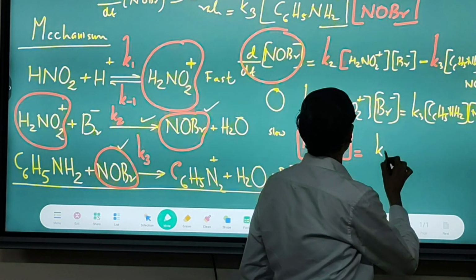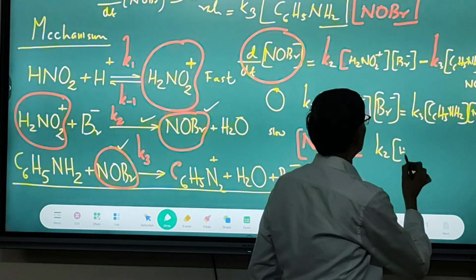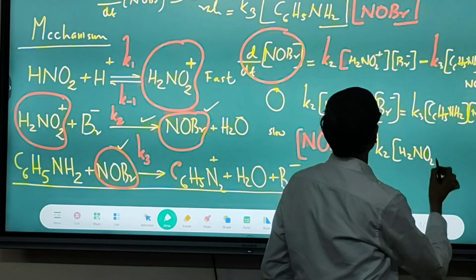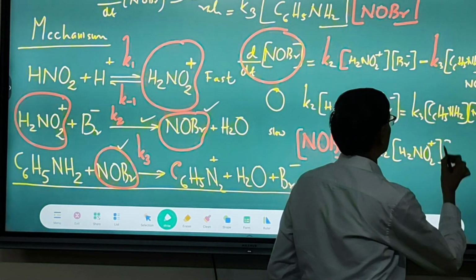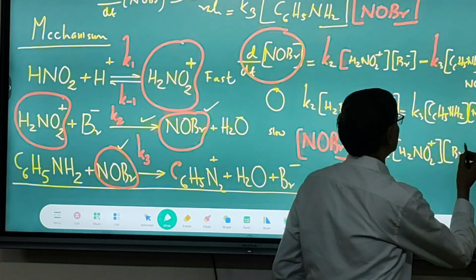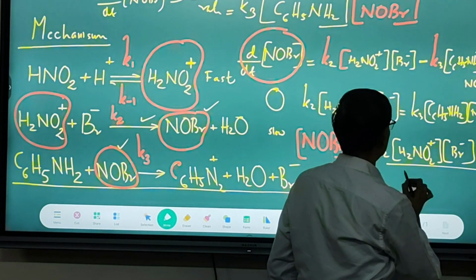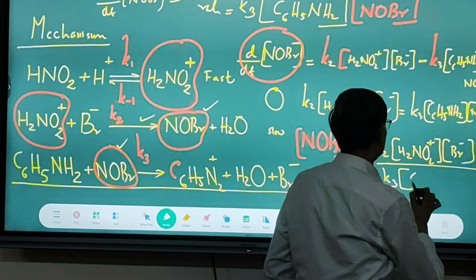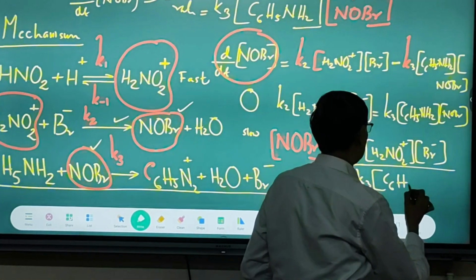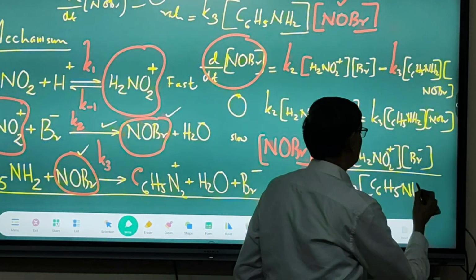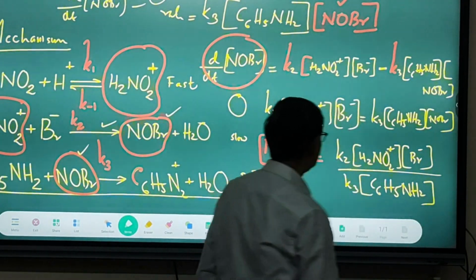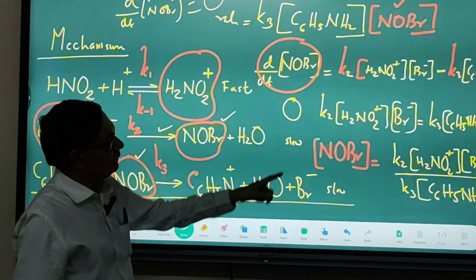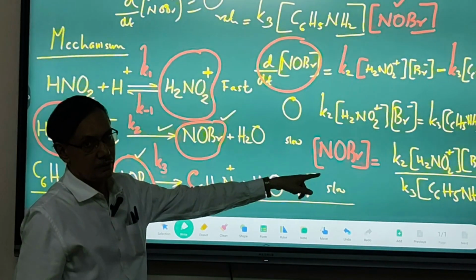So NOBr is equal to K2 H2NO2 plus and Br negative divided by K3 C6H5NH2. So that means applying steady state approximation, we are able to determine the value of NOBr.